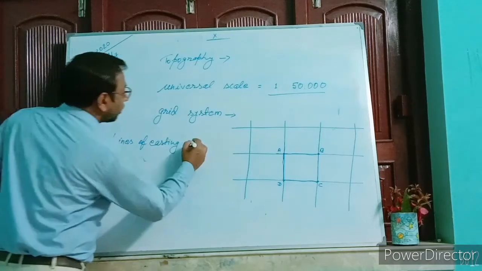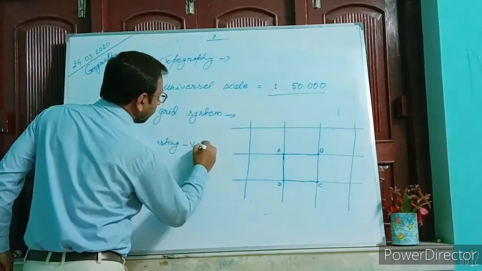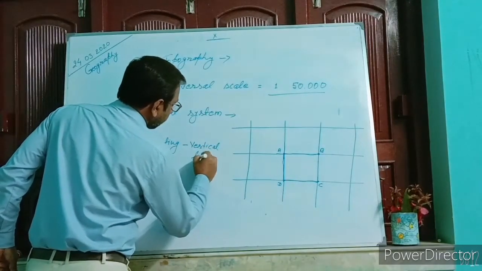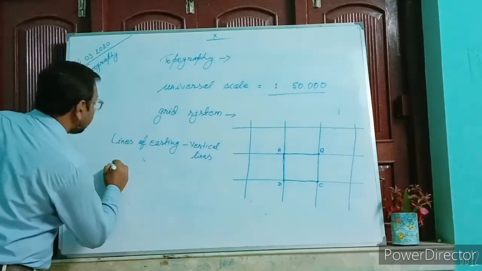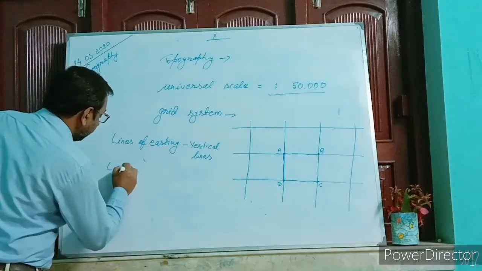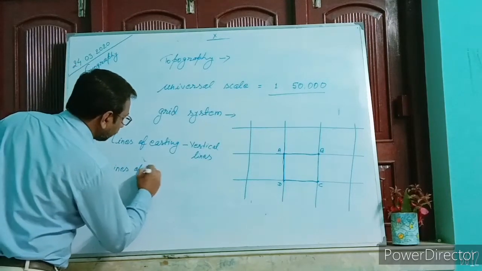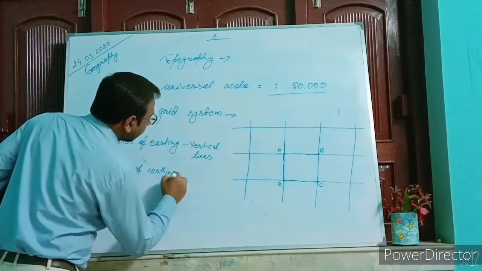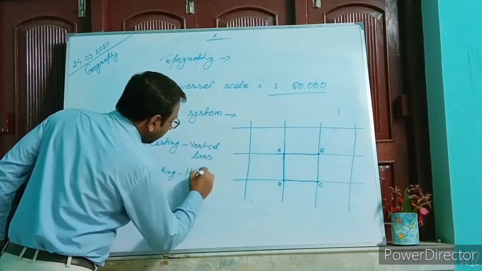Vertical lines. And lines of northing. These are horizontal lines.